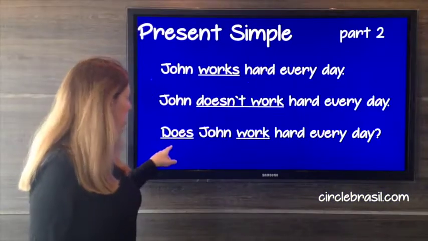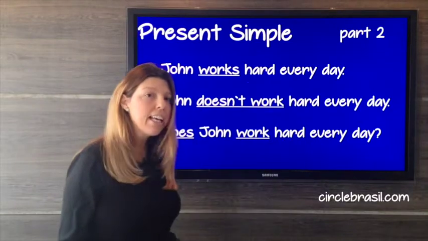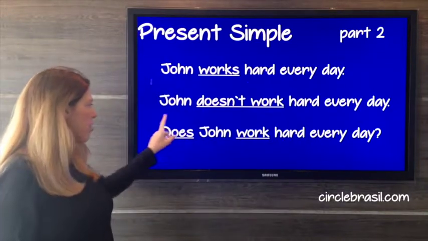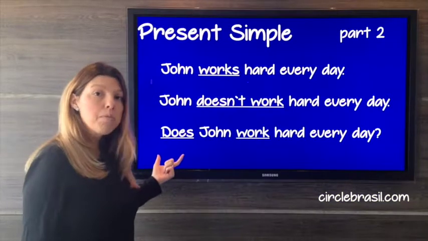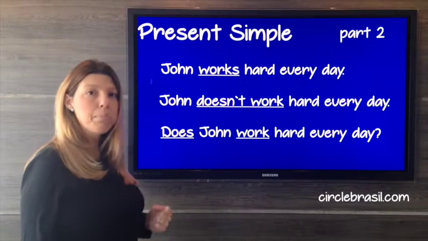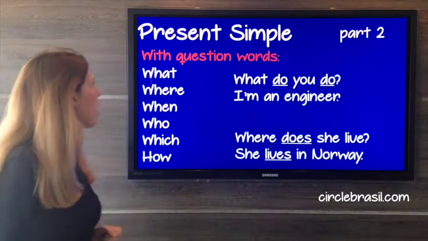And the interrogative sentences, does John work hard every day? I use the auxiliary verb at the beginning of the sentence. Remember, I told you that in English, most of the times we have a verb at the beginning of the sentence, okay? So let's move on.